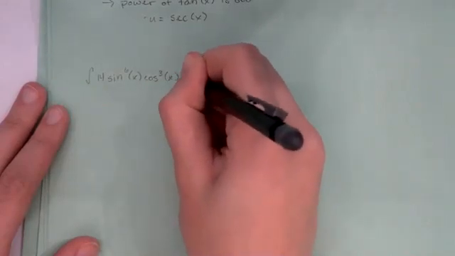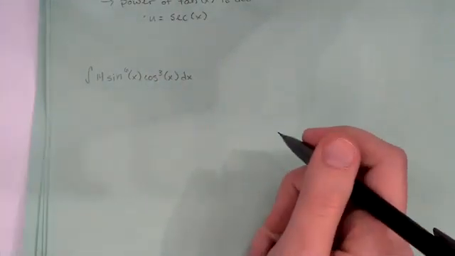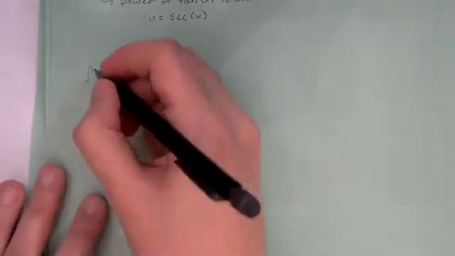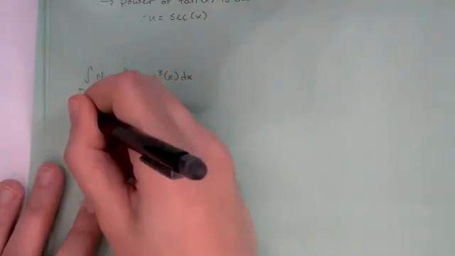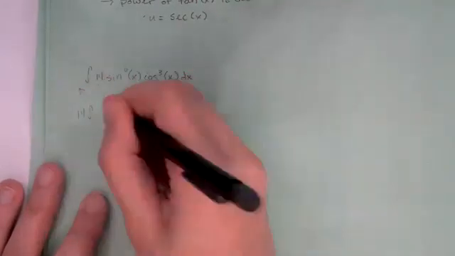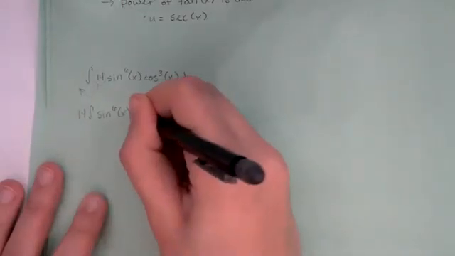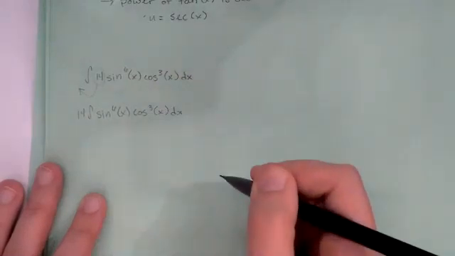Sweet. So we are going to use the same sort of methods that we just talked about. The first thing that I want to do is just move this 14 out in front, get it out of the way for now. So 14 sine to the 6th of x cosine cubed of x dx.